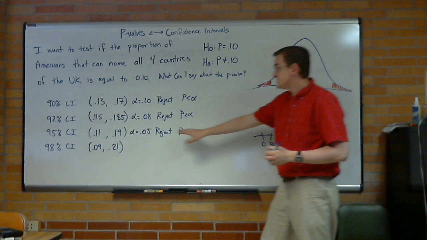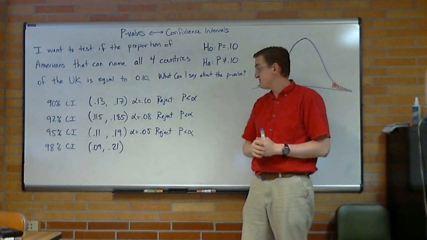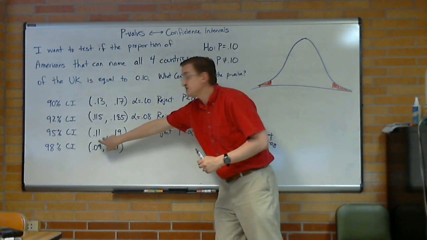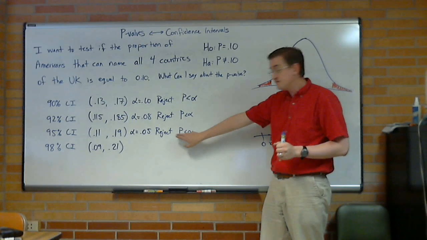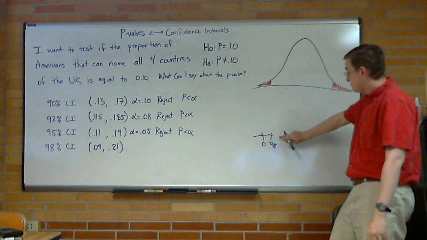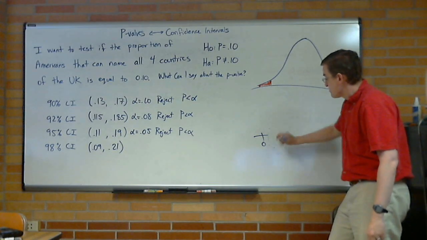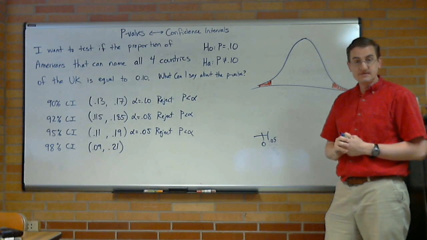For the next confidence interval, a 95% confidence interval means an alpha of 0.05. And again, we would reject because 10% does not land in this interval. That tells us our p-value is less than alpha of 0.05. And so I'm zooming in again, as 0.08 can become 0.05.